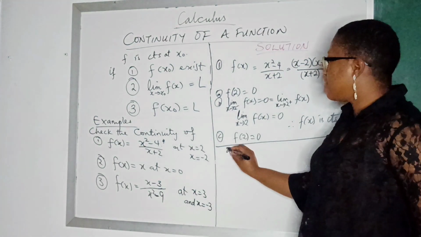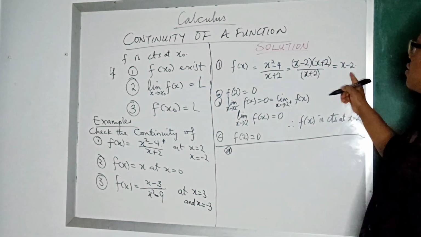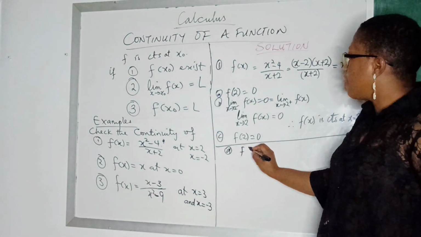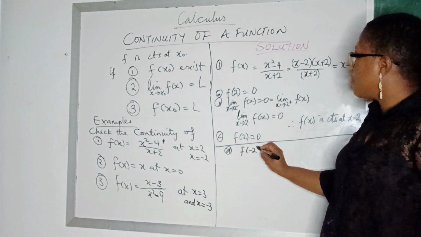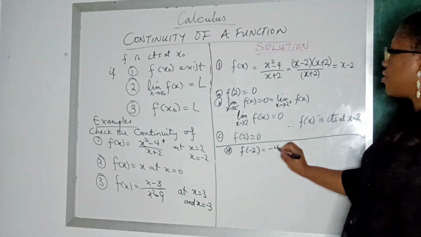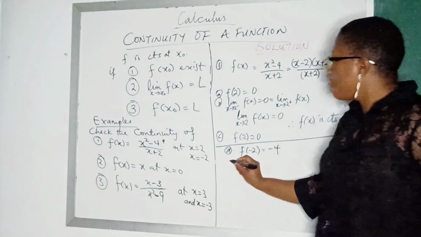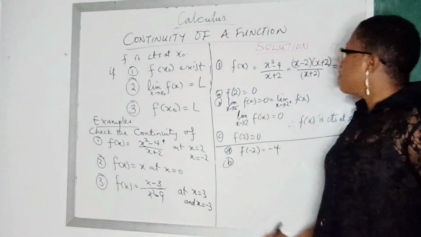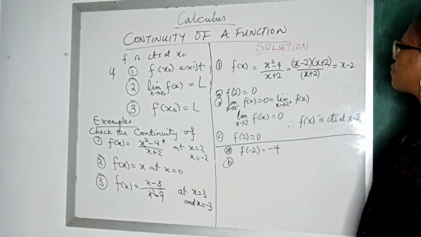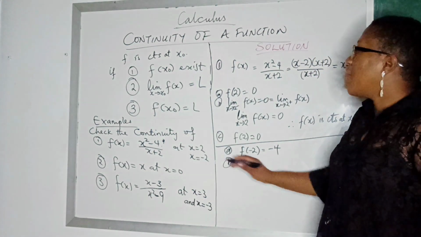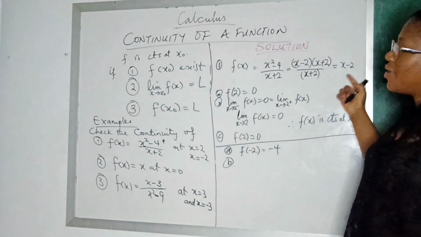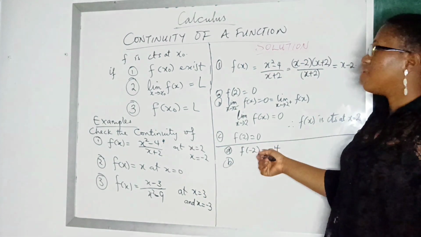For the A part, if you put minus 2 here, what do you have? f of minus 2 is minus 4, right? For the second one, if you had not done this, you would have been getting that f of minus 2 is not defined.